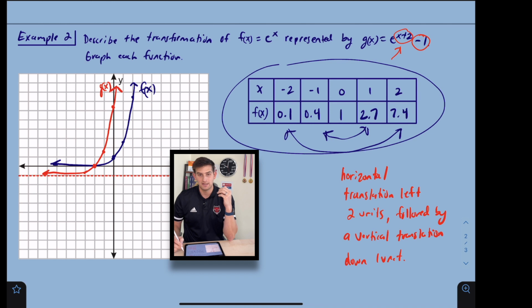Because that would be like making x opposite, right? So -1, instead of 1, 2.7, we'd have -1, 2.7, right? So if we had 1, 2.7, reflecting it over the y-axis would be -1, 2.7, right?